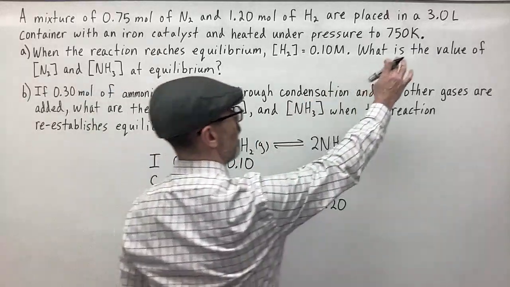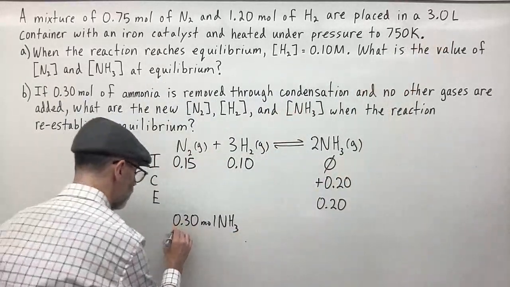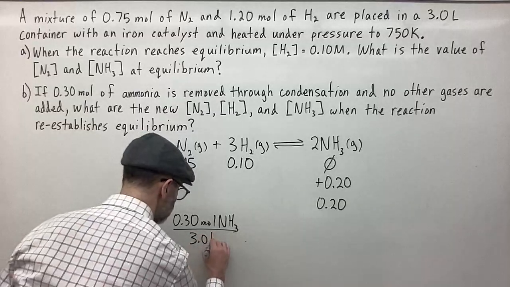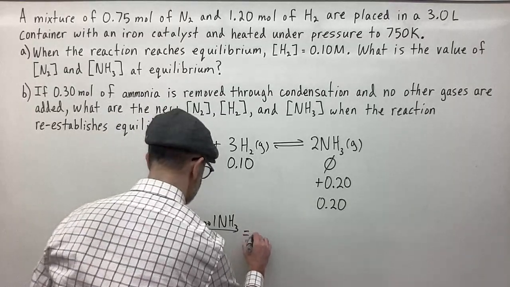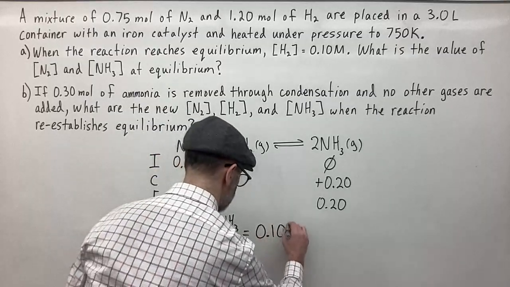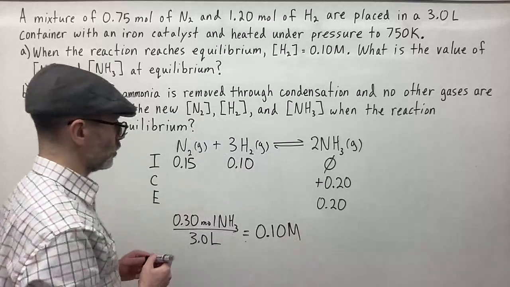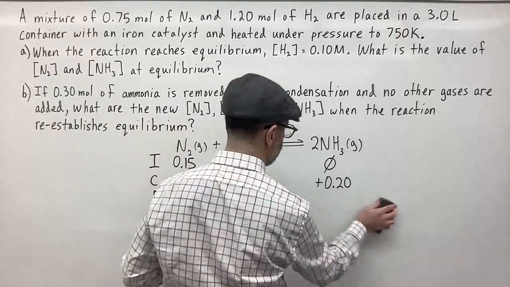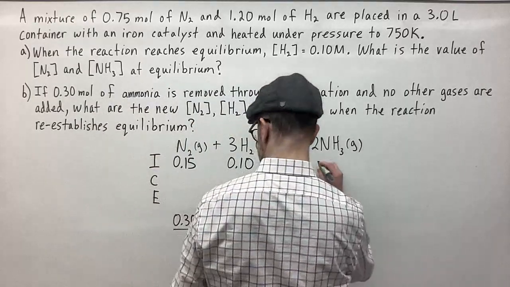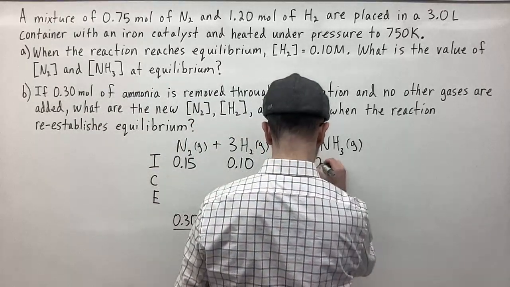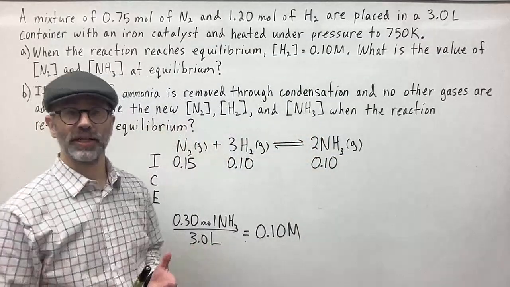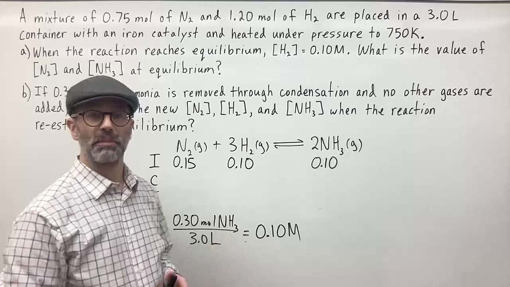And again, we're going to divide it by the volume, which is 3.0 liters. And of course, that's going to give us 0.10 molar to start with. So our initial concentration of ammonia this time is 0.10. And so that's what we're going to start with for part B.